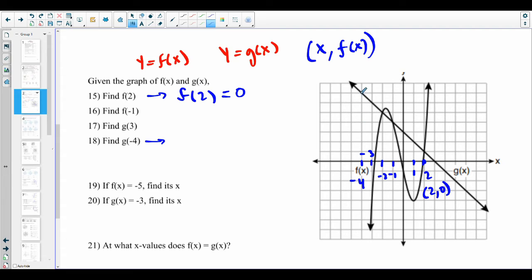And we go up until we hit g. There's g. What's the y value? 1, 2, 3, 4, 5, 6, 7. (Negative 4, 7). So g of negative 4 equals 7.